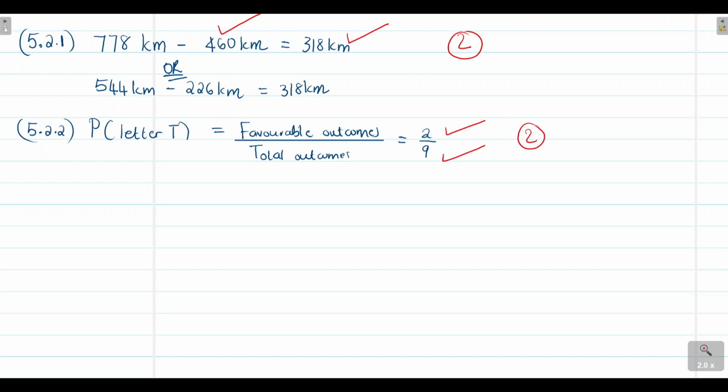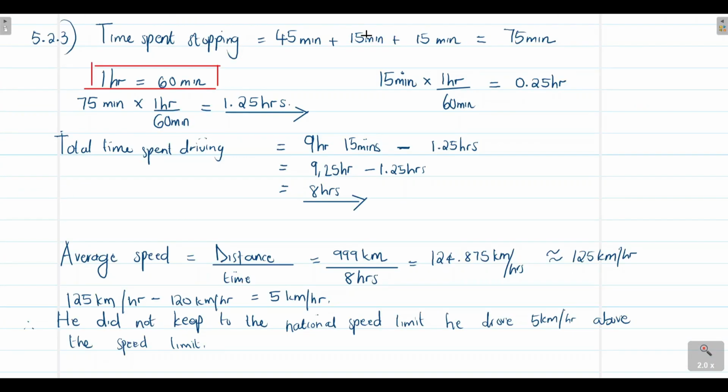Question 5.2.3 is out of 6 marks. You will get 1 mark for adding up the time spent stopping. You'll get another mark for calculating the travel time, the time that he spends driving on the road.